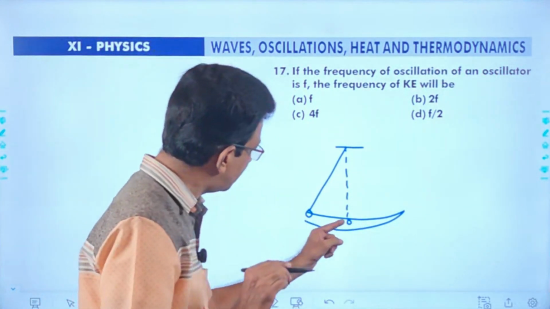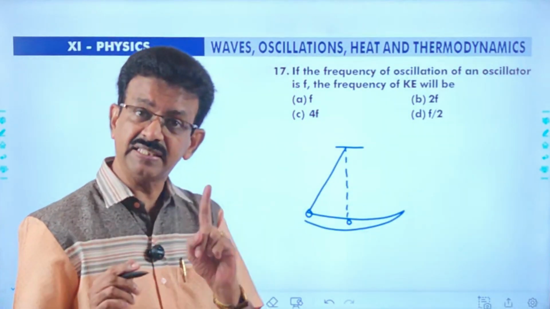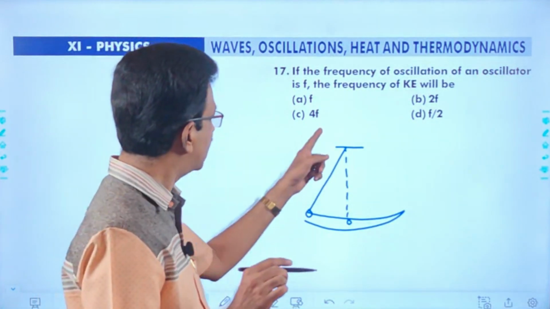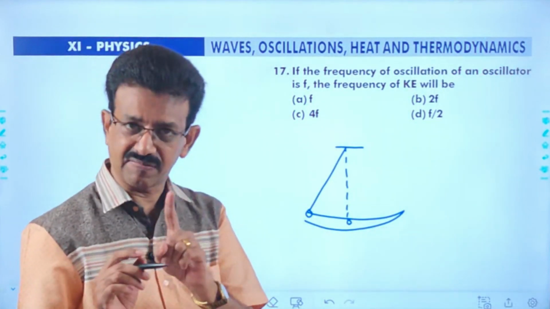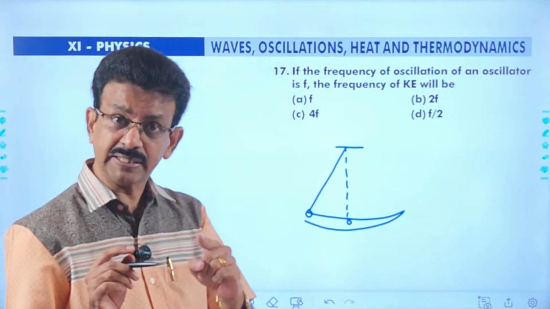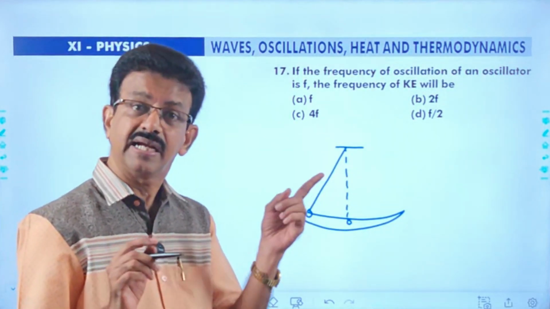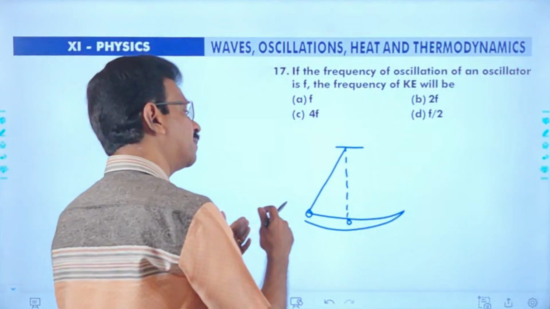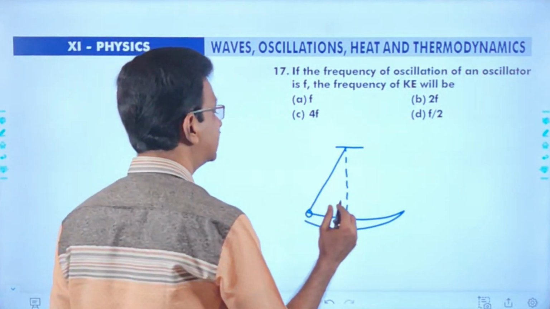Now, during one complete cycle of oscillation, it passes through the mean position, the KE peak point, twice per cycle. Therefore, if the frequency of oscillation of the oscillator is F, the frequency of the kinetic energy, that is, how many times it passes through that KE peak point, the mean position, is 2F.